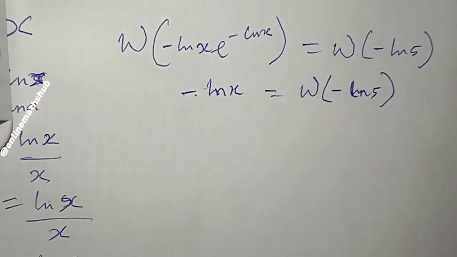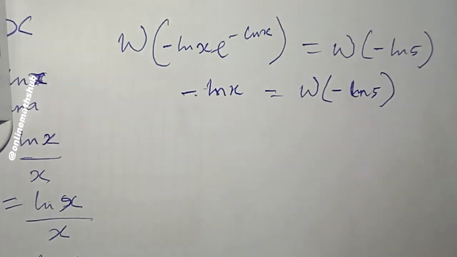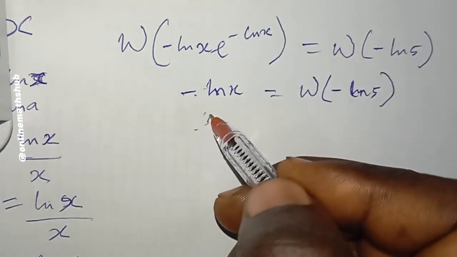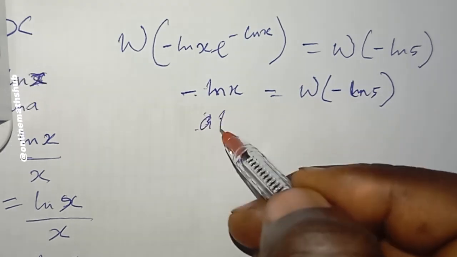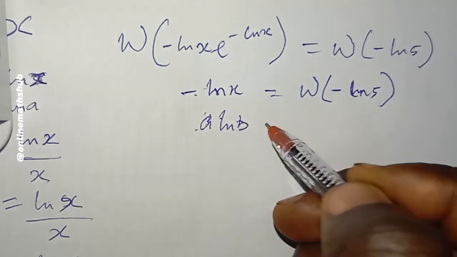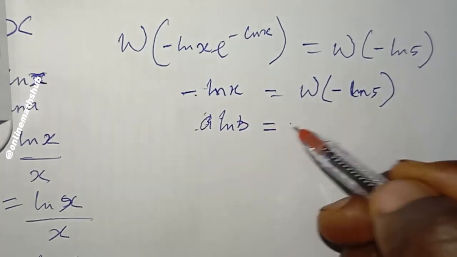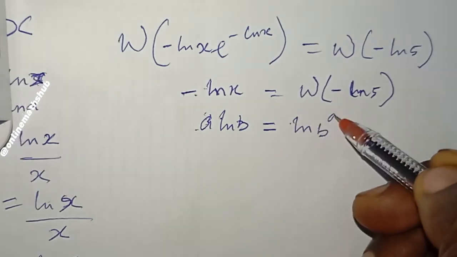Okay, so that is what I have right here, and then of course I can also utilize one of the properties of log right here. Of course, you know that a natural log of b, we can decide to bring this a to the power b, so I can also write this as natural log of b to the power a.